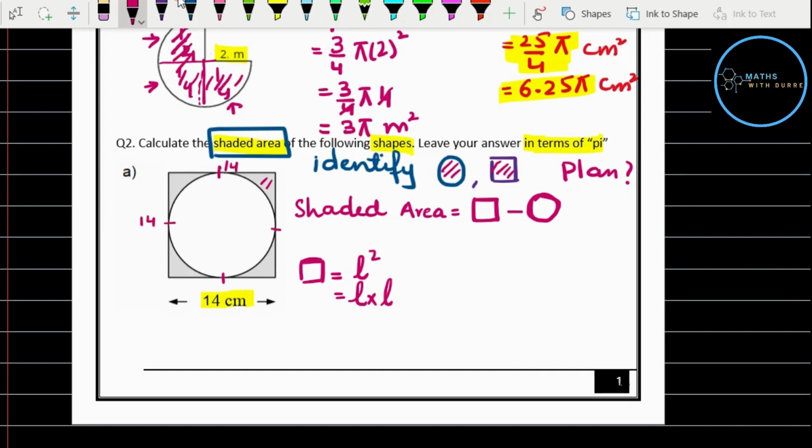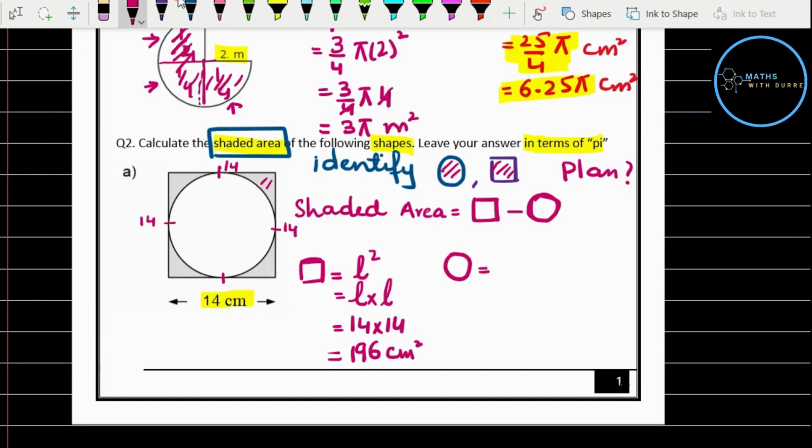If one side is 14, then all sides must be 14. So 14 times 14 will give us the area of the square. Do you know the square numbers? 196 centimeter square.